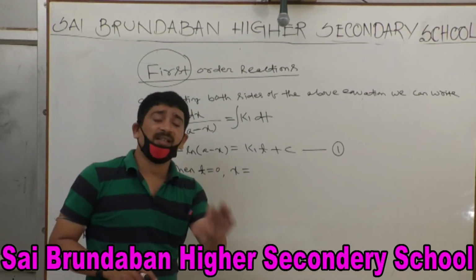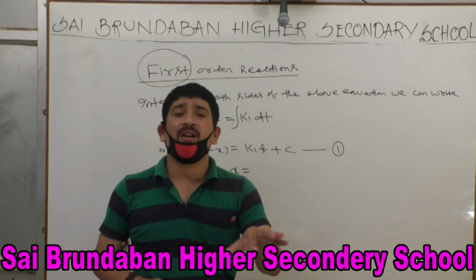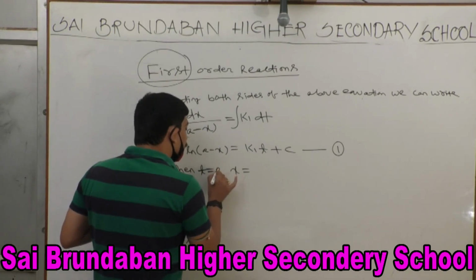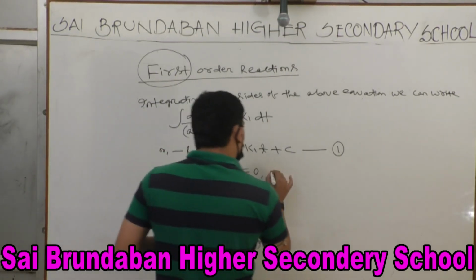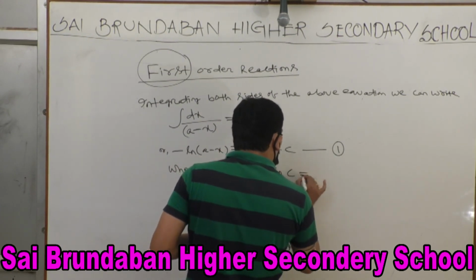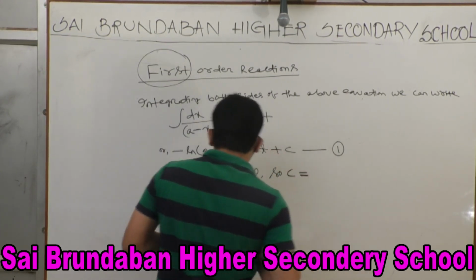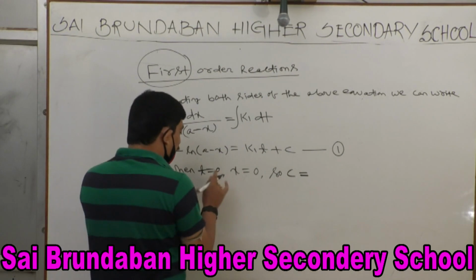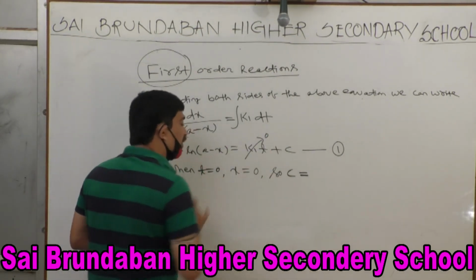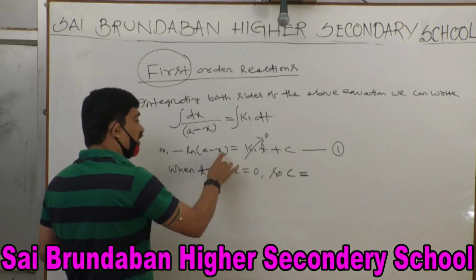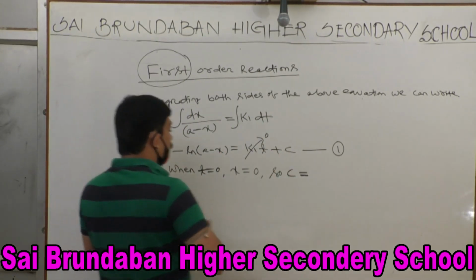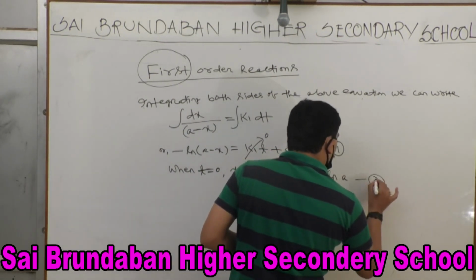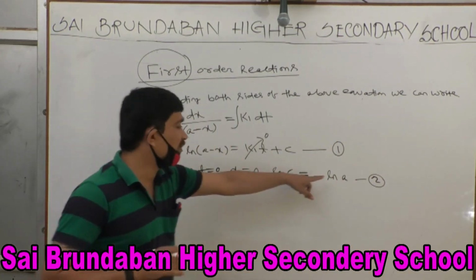So when t equal to 0, x equal to 0. Putting t equal to 0 makes the K1 t term 0. So what is the value of C? C equal to minus ln A. Take it as equation number 2.